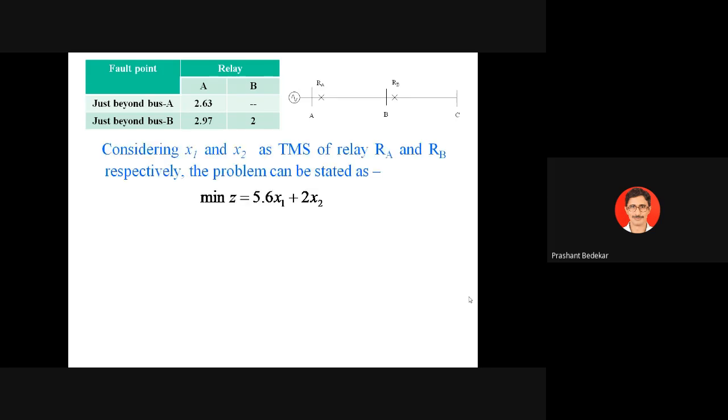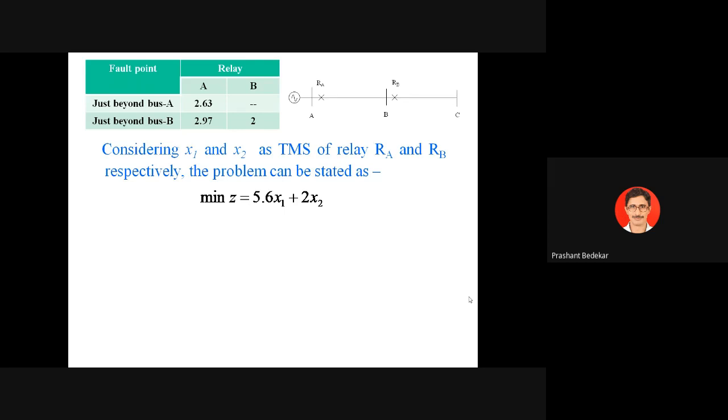Now let's proceed with the formulation. Our aim was to find the time multiplier settings of relays RA and RB so as to minimize the total time required for operation of relays in the system. Considering X1 and X2 as the time multiplier settings of relays RA and RB respectively, the problem can be stated as: minimize 5.6 X1 plus 2 X2.